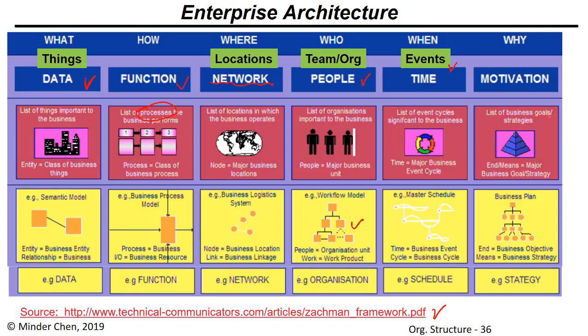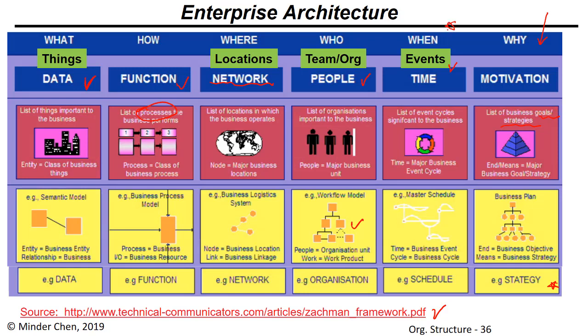So a list of business goals and strategy is under this dimension called motivation. Another way to describe the 6th dimension is that motivation can be considered why. And eventually you will formulate your strategy, your strategic initiatives and goals.